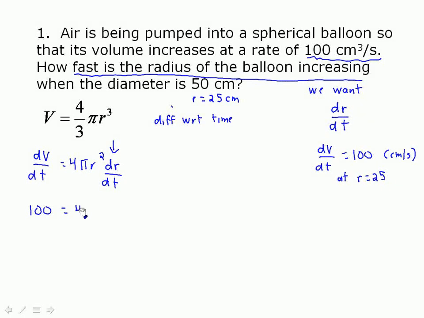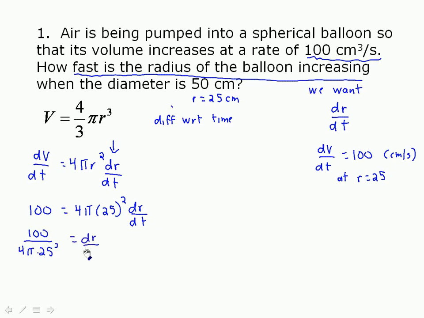And then 4 pi, and then r squared would be 25 squared, dr/dt. And then now if you divide it all out, because it's a fairly routine one, we should be able to get a reasonable answer. So this is going to be 100 divided by 4 pi 25 squared equal to dr/dt.